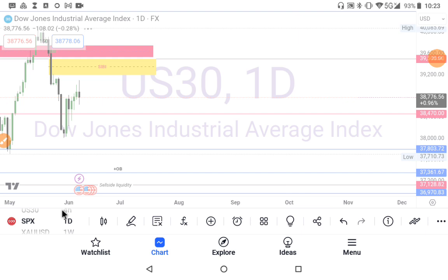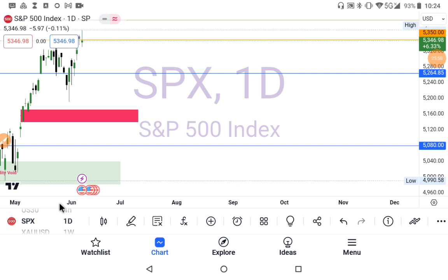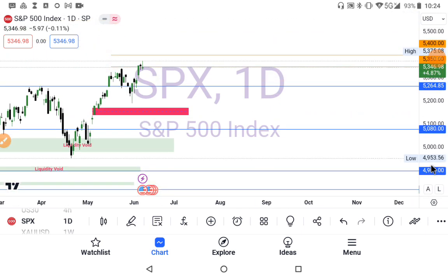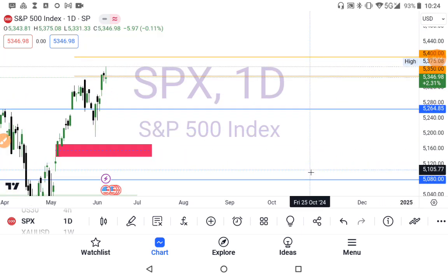Then S&P 500. On S&P 500 last week, I was interested in 5300. We decide a movement if we are going into 5264.85.